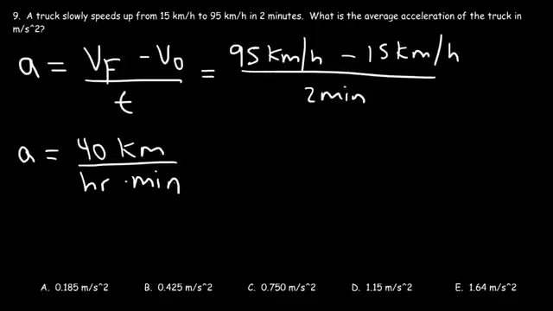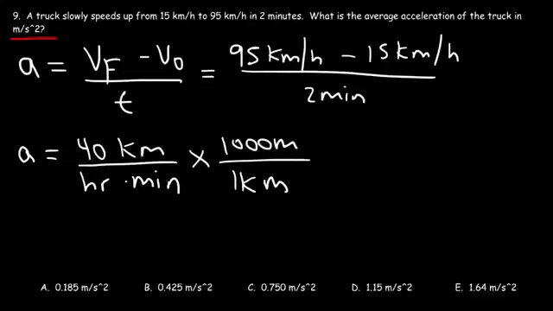So now we need to take this value and convert it to meters per second squared. There's 1,000 meters per 1 kilometer. So we can cancel the unit kilometers. So we have meters, which is good, but now we need to convert time into seconds squared.